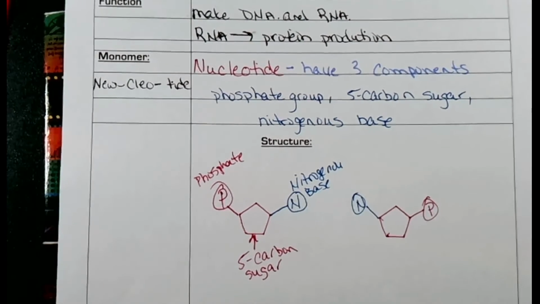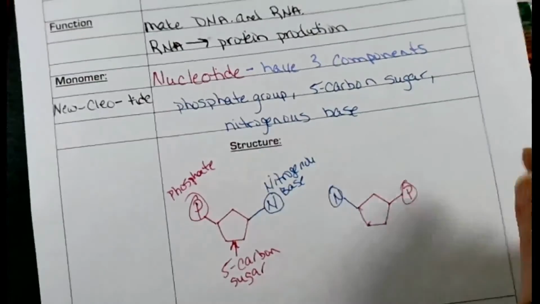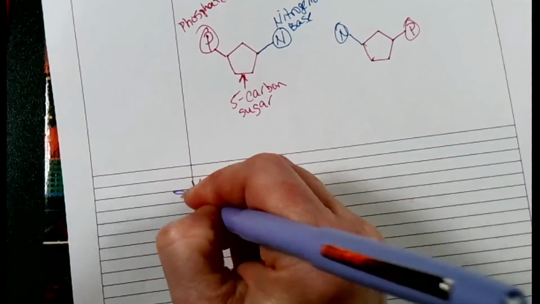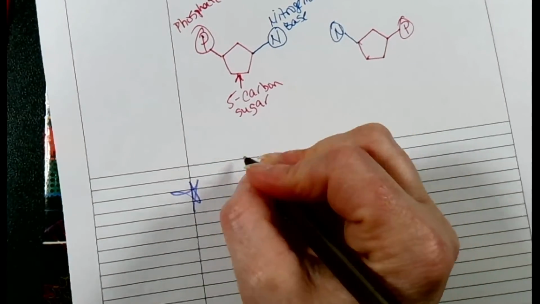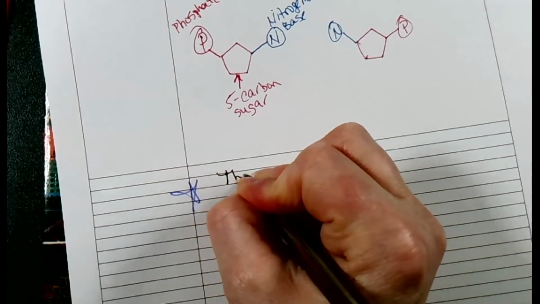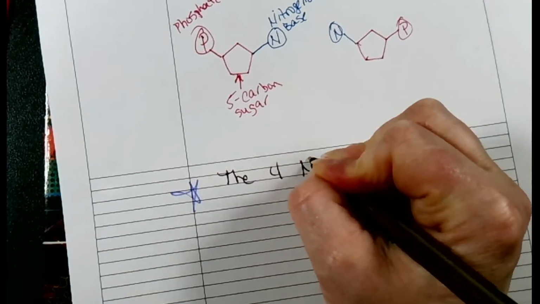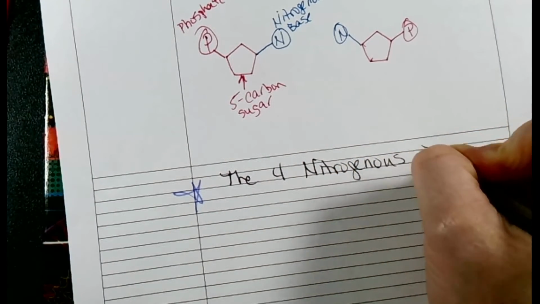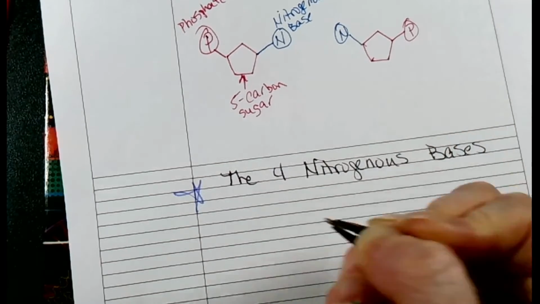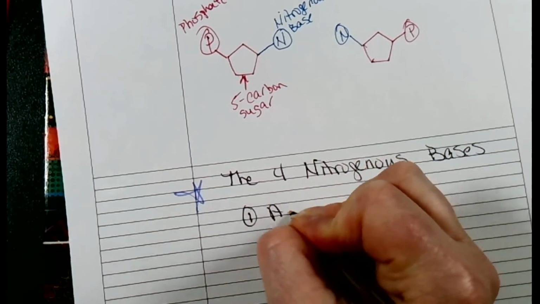So the 4 bases that you have to memorize are these. And I'm going to even write it down here. The little star. I'm going to write it in black and then I'm going to highlight it. So it's the 4 nitrogenous bases. You have adenine.